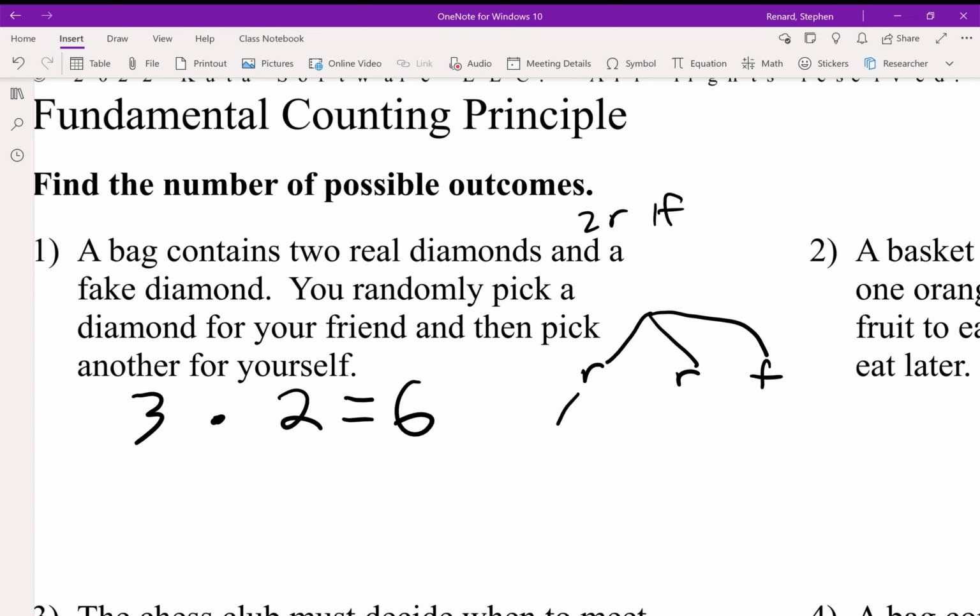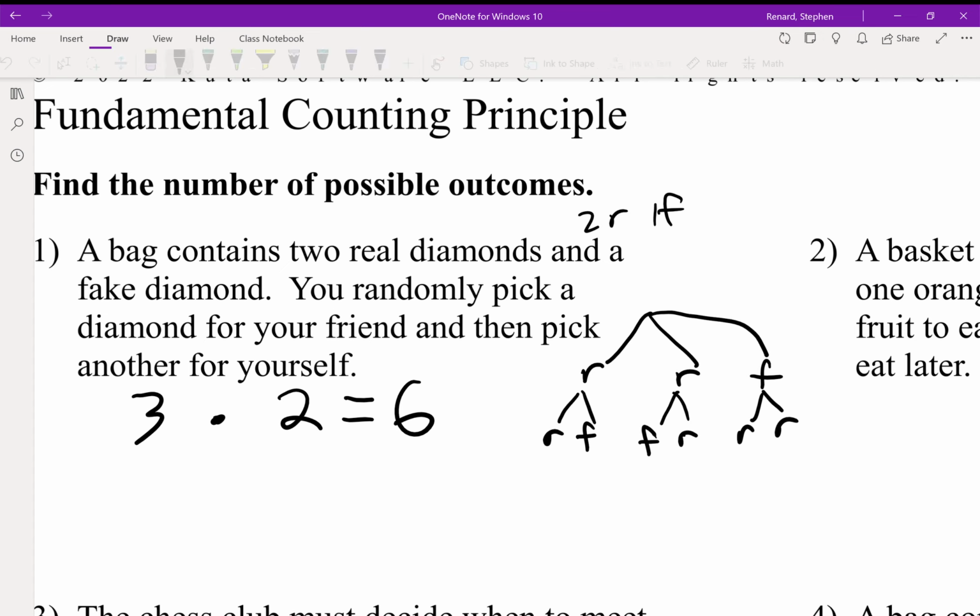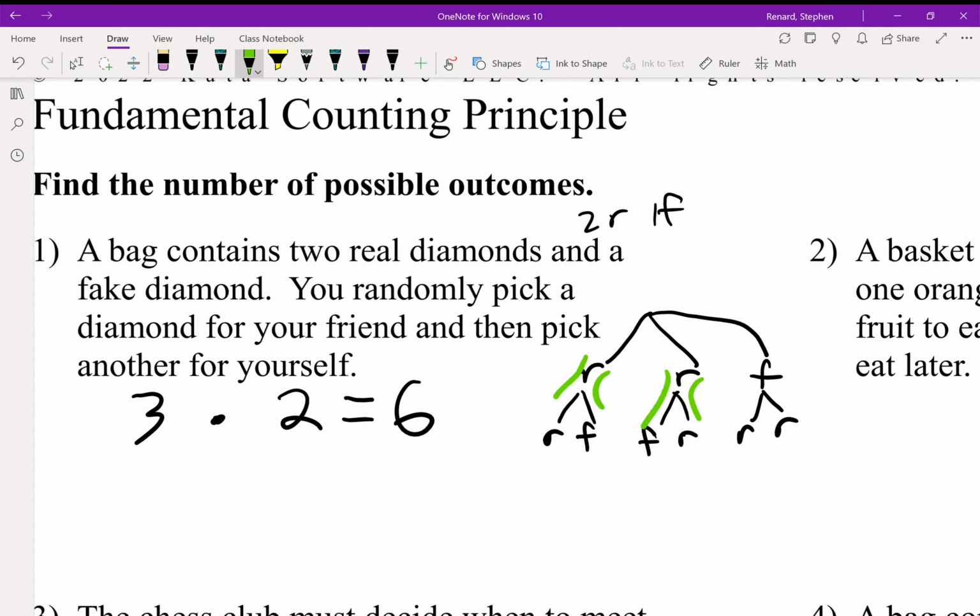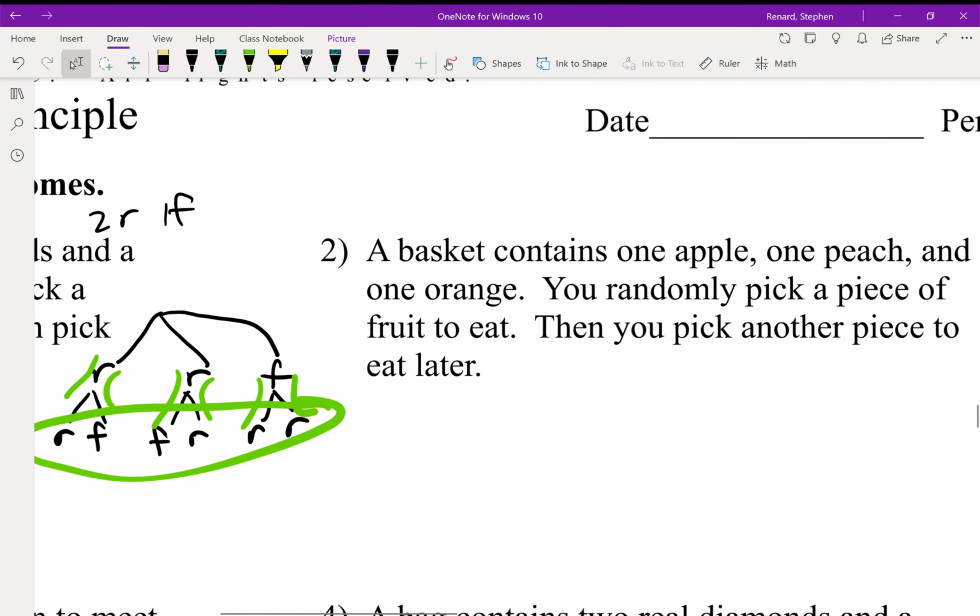If I choose a real diamond, then my next 2 options are real or fake. Real or fake. Now if I chose the fake diamond first, then my 2 options are real or real. So how many total options are there here? Well, there's 1, 2, 3, 4, 5, 6. See how I end up with 6 options down here? Boom. But 3 times 2 is easier, so that's what we do.